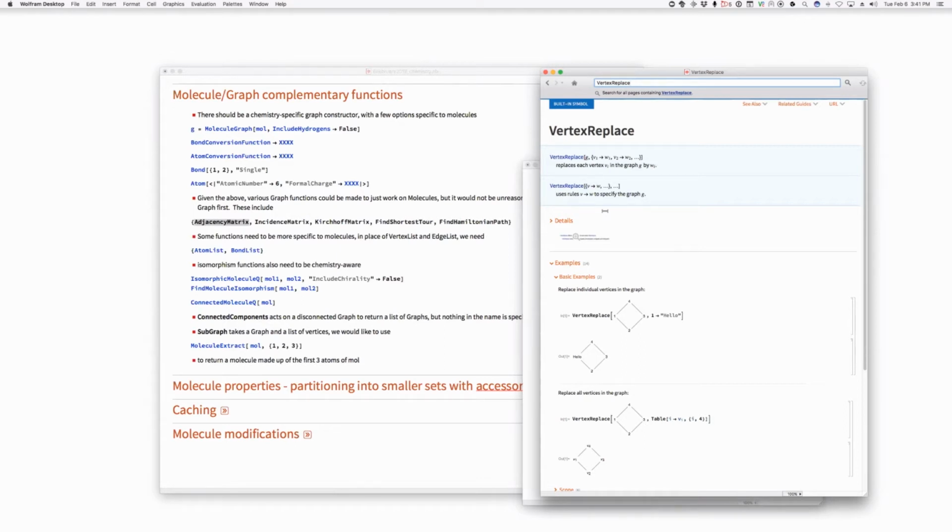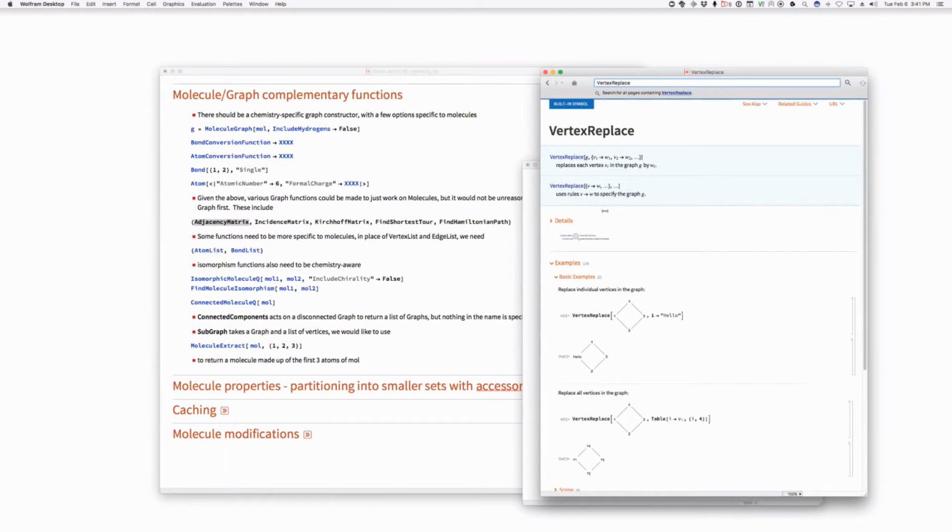And which is vertex replace in the case of graphs? That is the analog of vertex replace, which would eat find graph isomorphism output. Yes. Okay. All right.